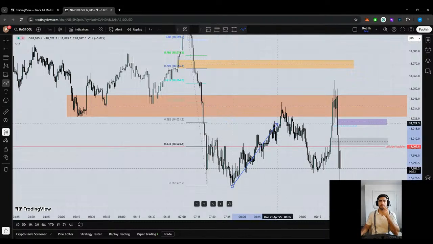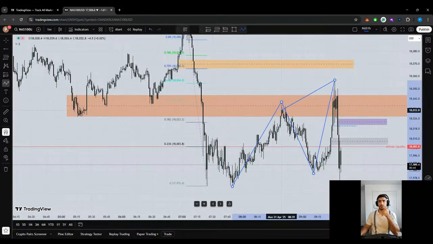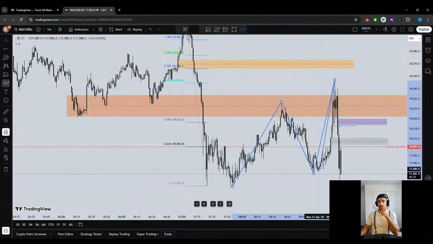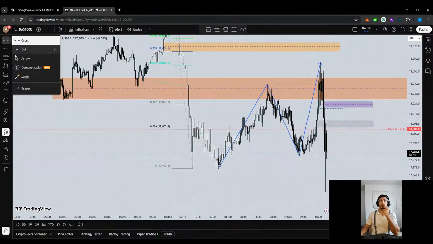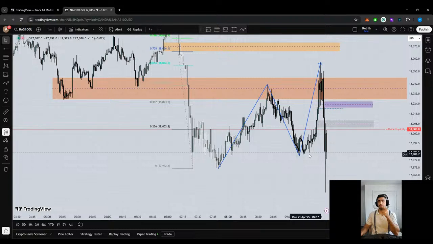So from here to here to here to here, we have higher highs and bodies closing above, but no body closing below these lows over here to change the structure. You see these lows? No full body closing below these lows.